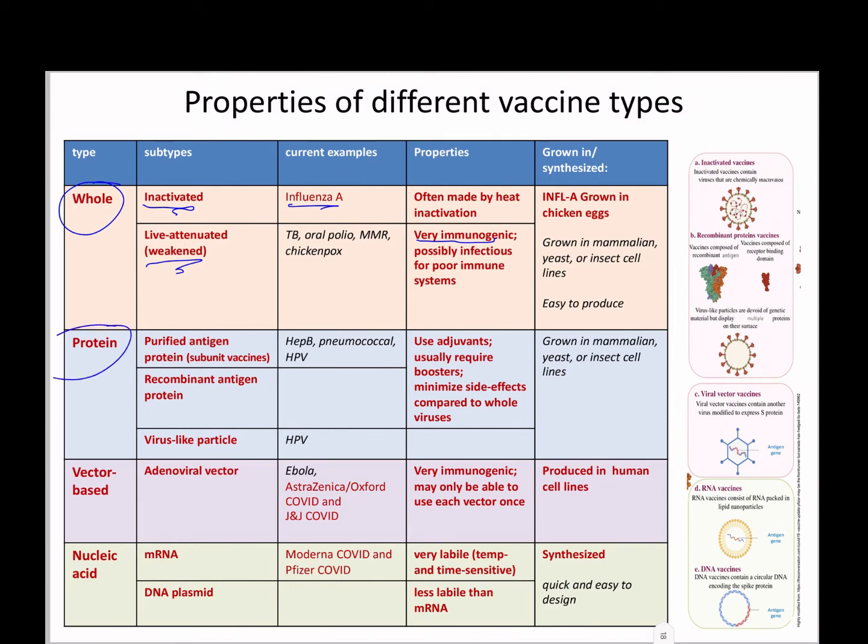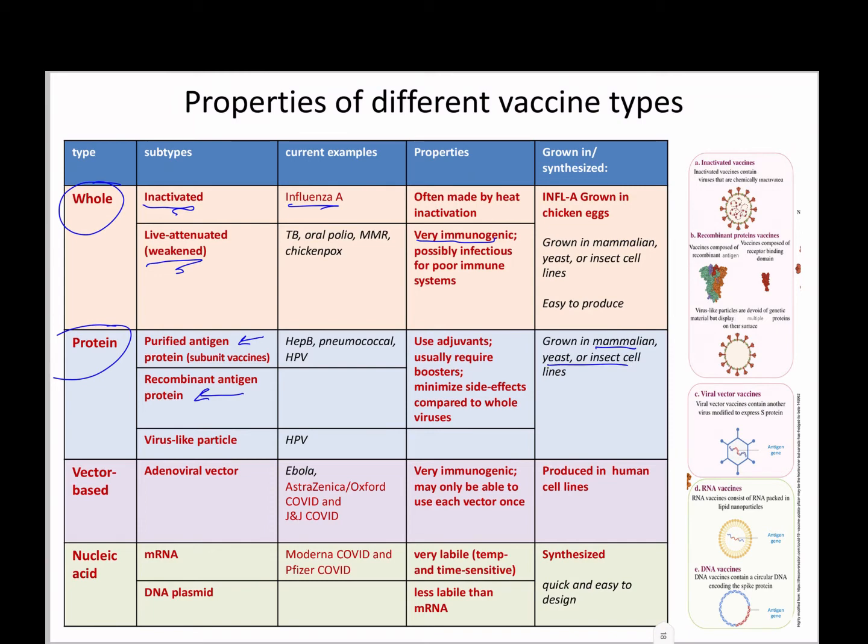So those protein-alone vaccines, we talked about purifying antigen proteins. Those are also called subunit vaccines. And you're going to make those the same way as you made the whole, and then you're just going to purify out only that antigen protein. We also have recombinant antigen protein, and that's grown inside mammalian, yeast, or insect cell lines and purified out.